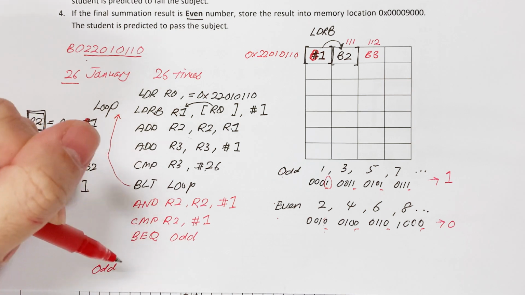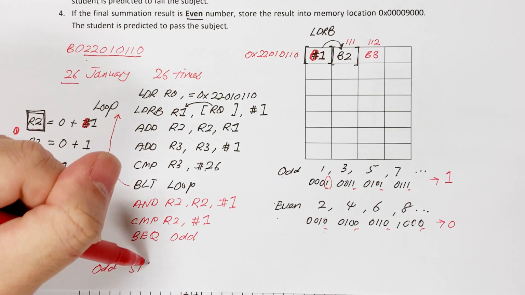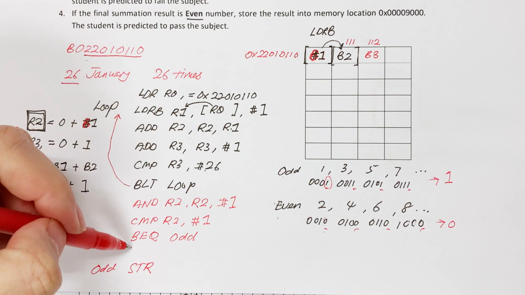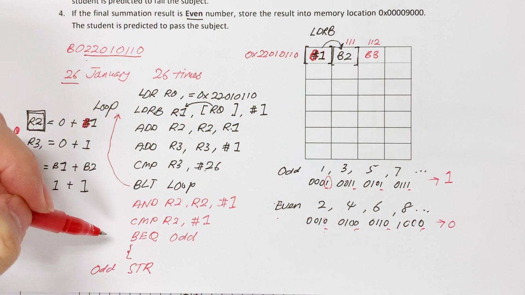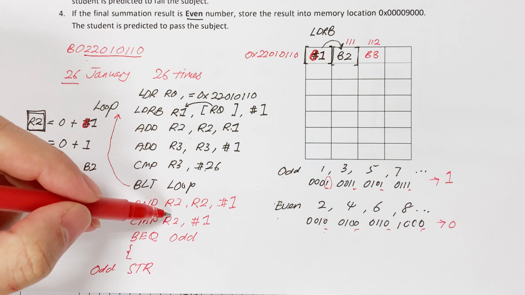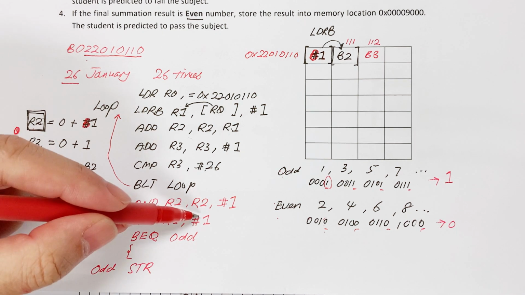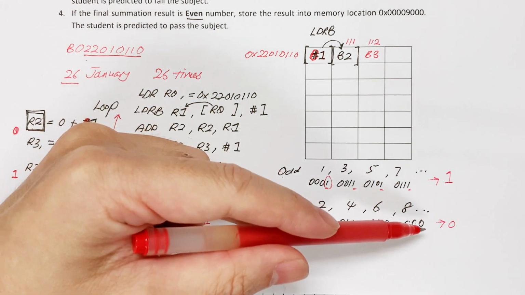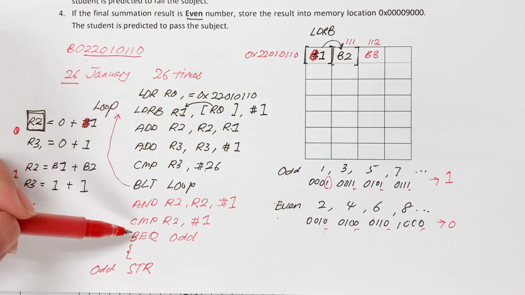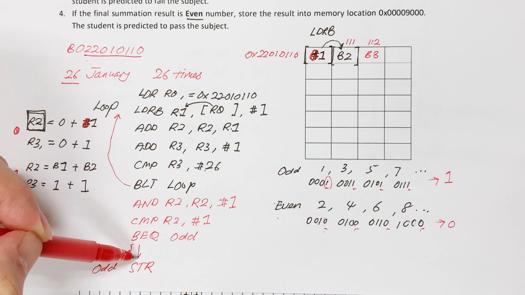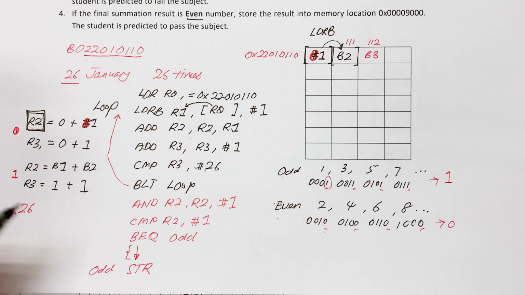So in here is where we could store our result to 9000, or somewhere between here is where the number is even, because register 2 is not equal to 1, because register 2 is equal to 0 when this is an even number. So when this is not equal, it will not branch to odd. It will skip the branch operation, or your opcode, and continue whatever code you have after this.